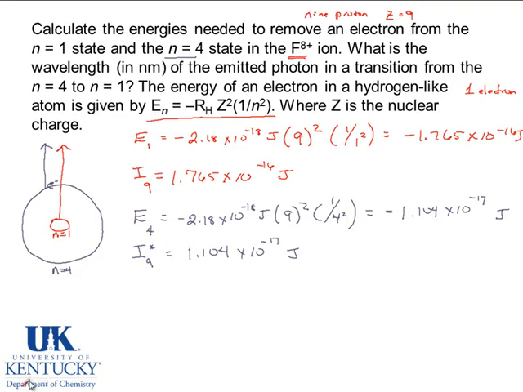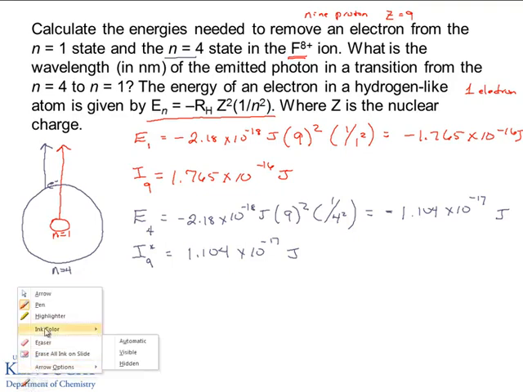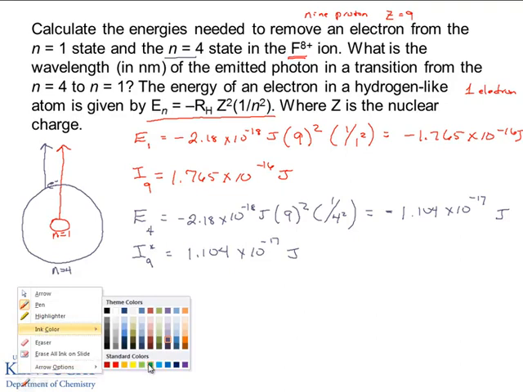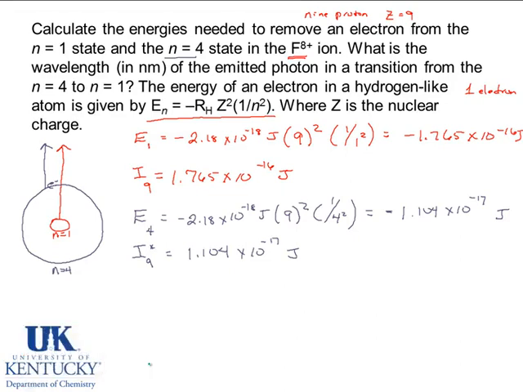Let's choose a nice green. We're going to promote an electron up to the n equals 4 state, and we're going to allow it to transition back down to the n equals 1 state. When it does that, it's going to emit a photon of light. Now, the energy of that photon of light will be equal to the change in energy of the electron. And that is easily determined by subtracting the red energy and the purple energy.